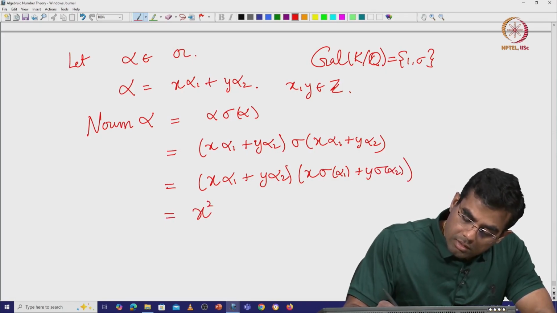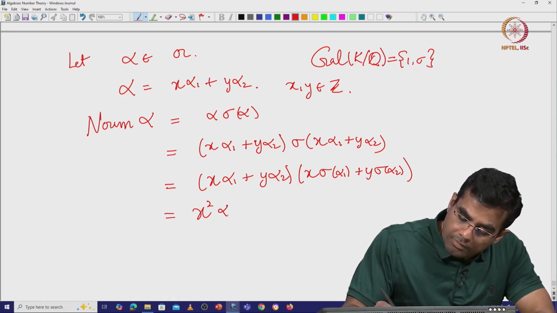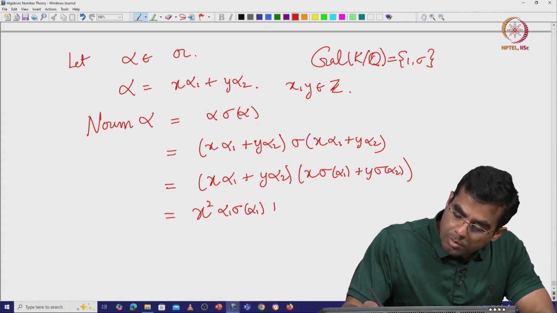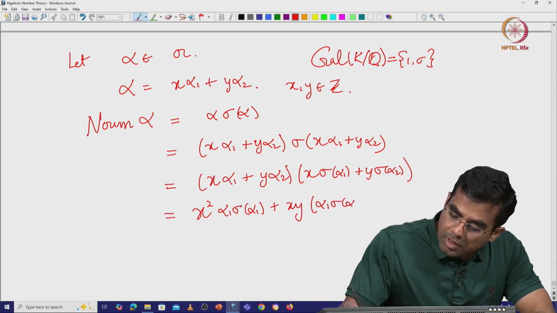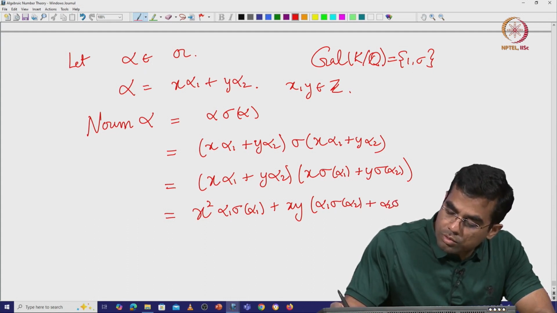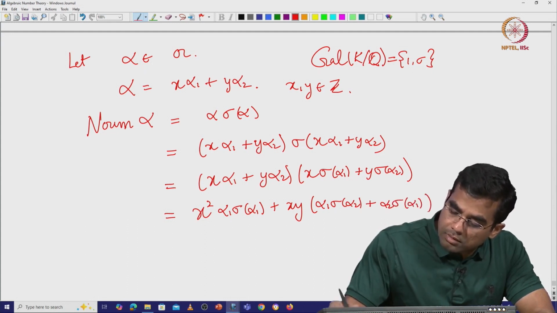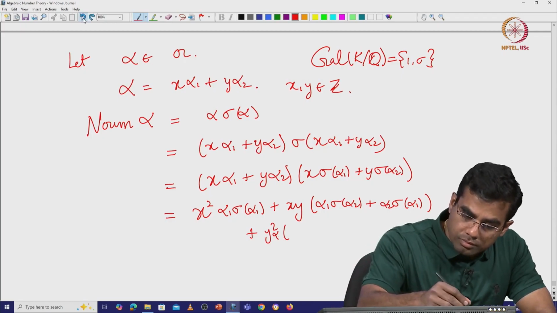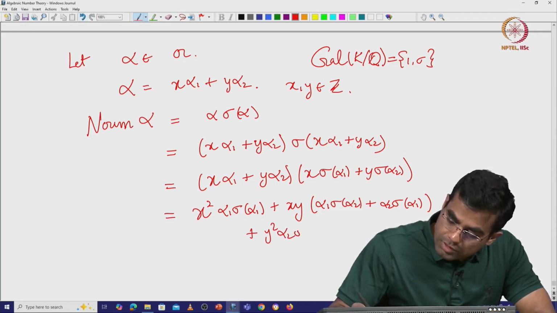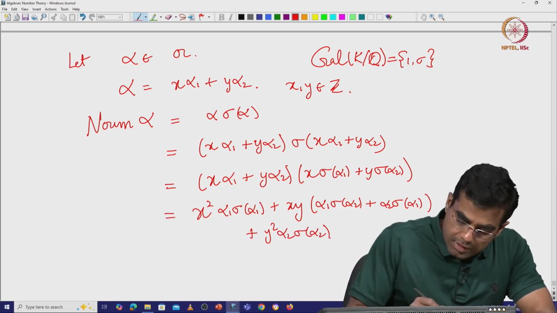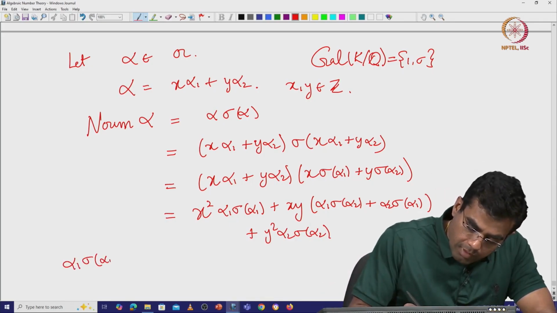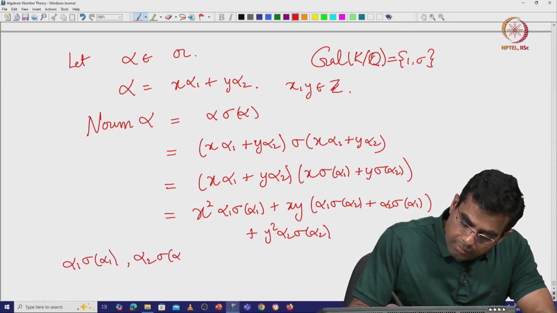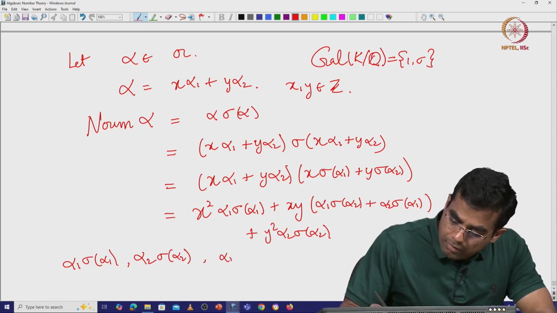If I multiply this out, I get x squared times alpha 1 sigma alpha 1, plus xy times alpha 1 sigma alpha 2 plus alpha 2 sigma alpha 1, plus y squared times alpha 2 sigma alpha 2.